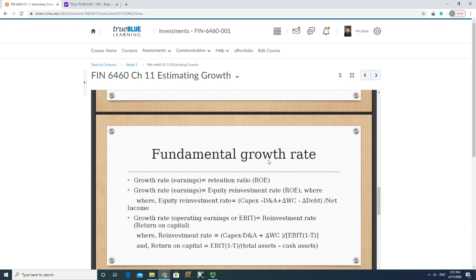So how to calculate equity reinvestment rate? Well, you look at what is the reinvestment that the company is going to conduct. Well, there are 4 different components here. The first one is CapEx. What is CapEx? CapEx is capital expenditure. So in the future, if you see CapEx, that means capital expenditure.